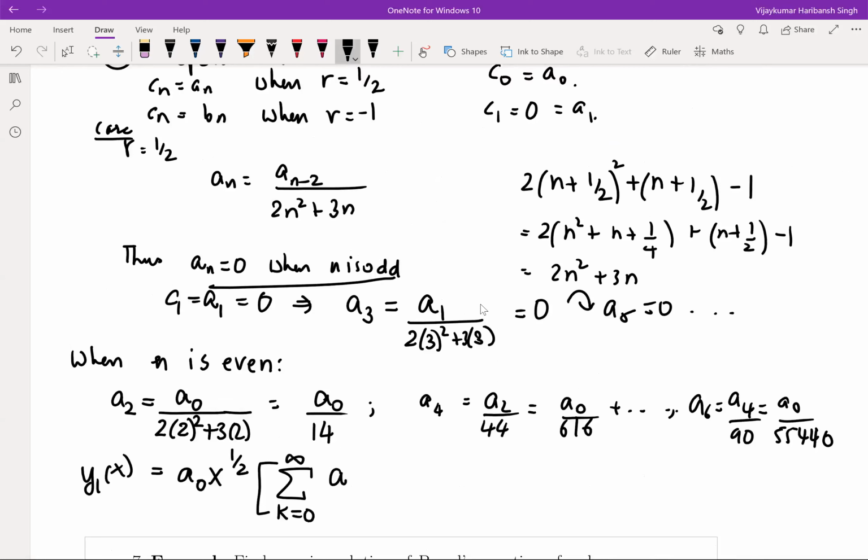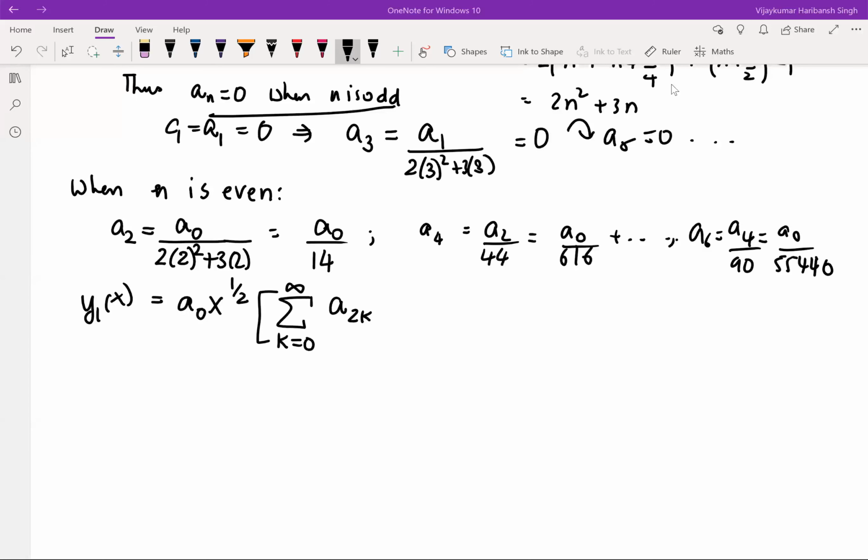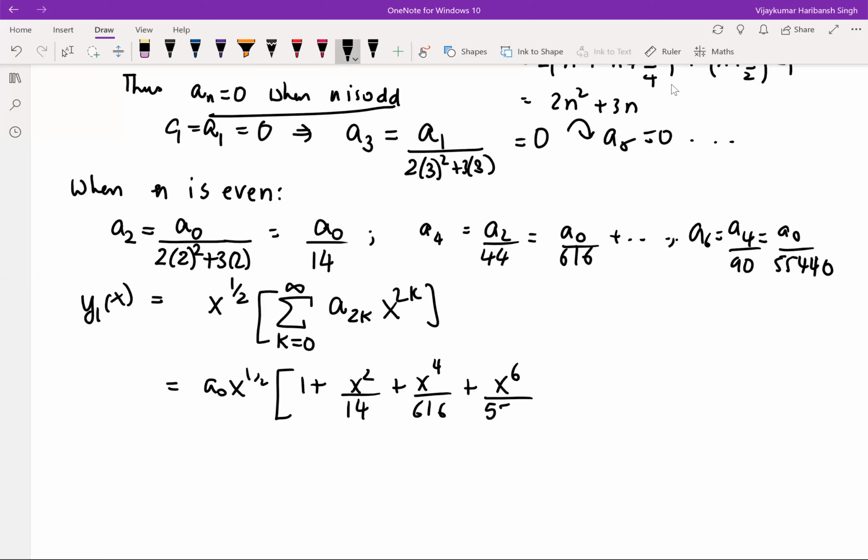So a to the power 2k, x to the power 2k, and then this can be written as A0 x to the half. Let me write down the few terms. So we have 1 plus x squared over 14 plus x to the 4 by 616, x to the 6 by 55440, and so on.